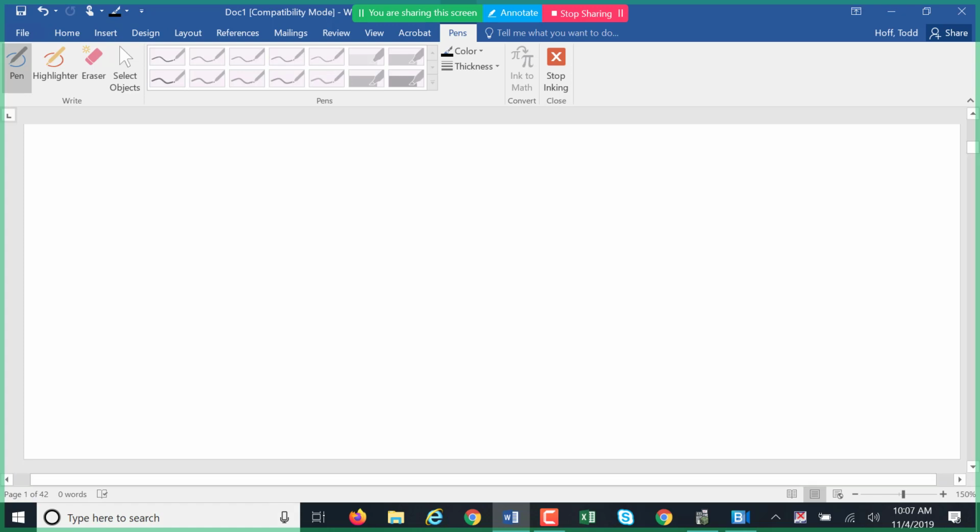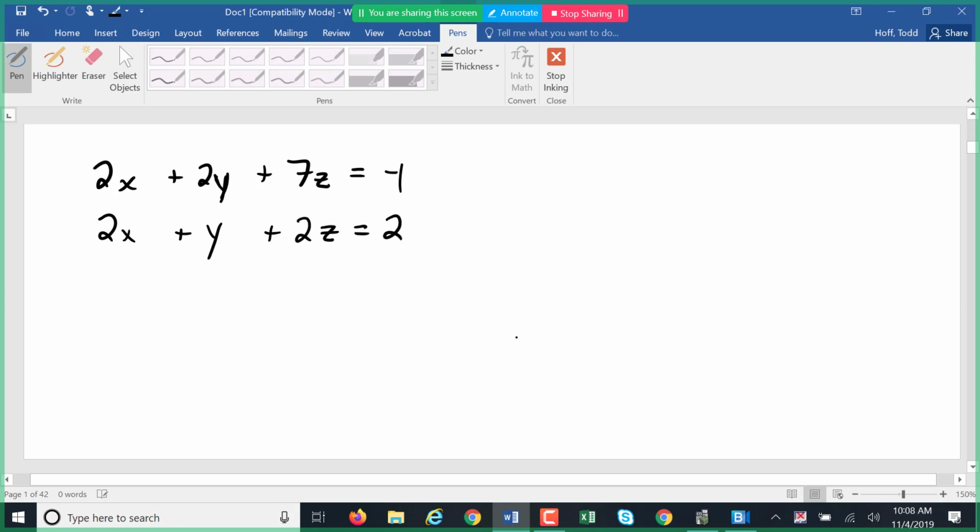So we have 2x plus 2y plus 7z equals negative 1. 2x plus y plus 2z equals 2. 4x plus 6y plus z equals 15.